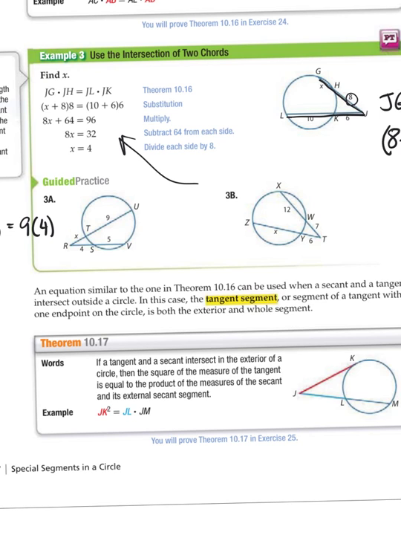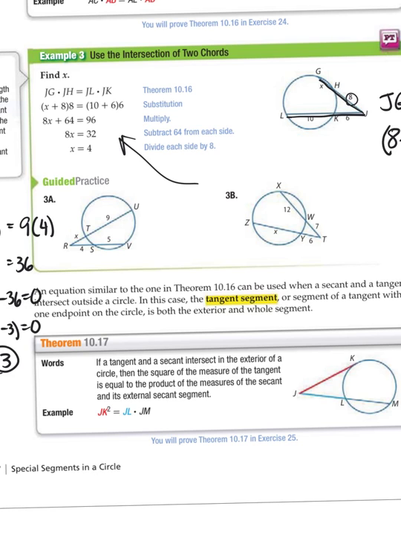So as we solve this time, our x squared didn't fall out. So we need to try to factor it. It factors nicely. So x is either negative 12, that'd give us a negative measure, or it's positive 3.